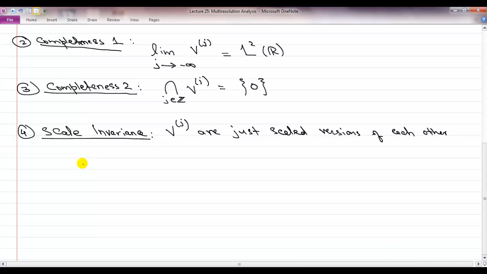And what it mathematically means is that if you have a signal x of t that belongs to this one subspace V j, and if you scale that signal by a factor of 2 to the m, let's say, then that scaled version of the signal has to live in V of j minus m.